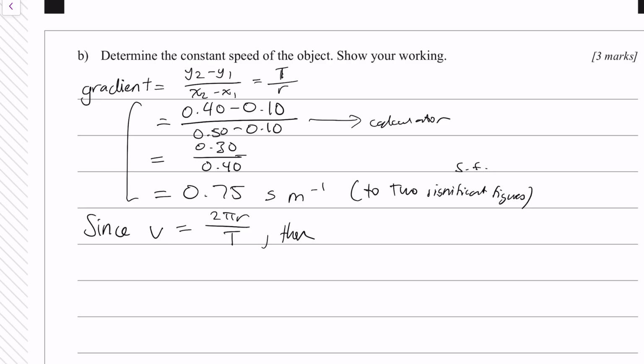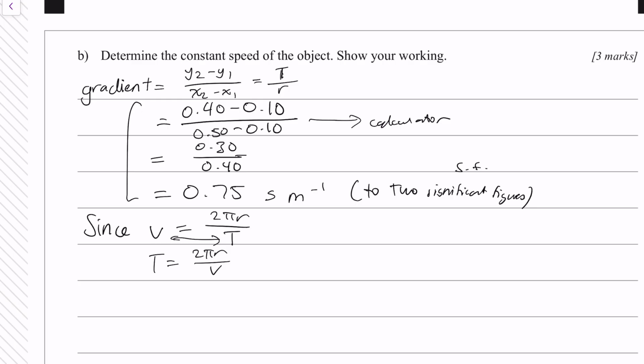So I need to transpose my formula. What I could do is put the T on the top. In doing that, I just swap my V and T, because it's a little trick you can do in maths. If you're trying to transpose, you'll still be given an equal equation.